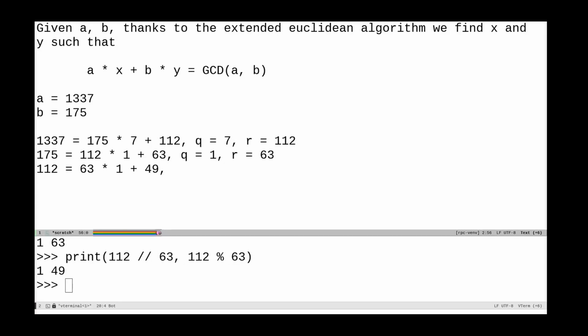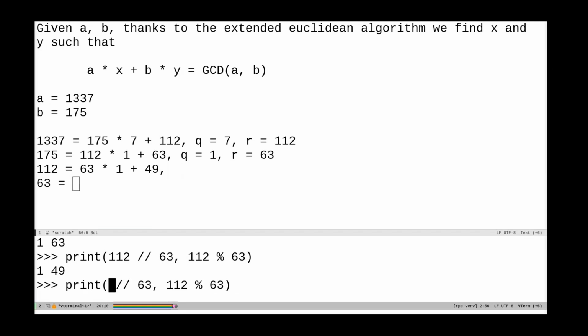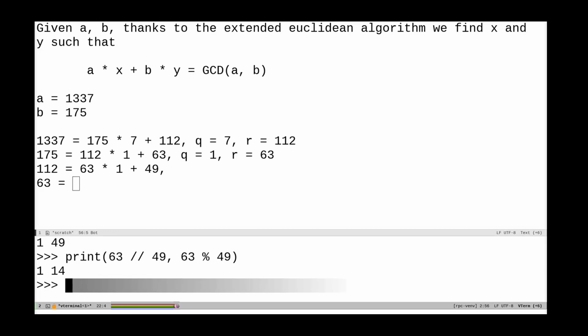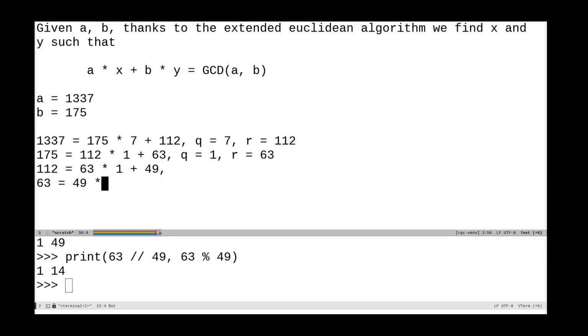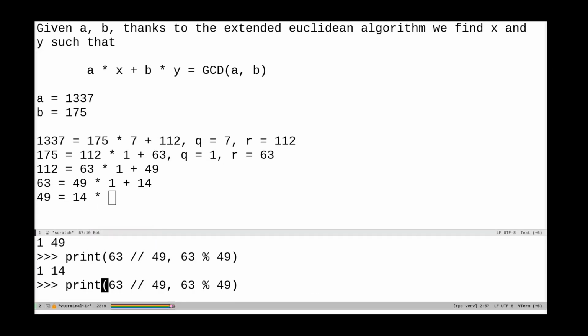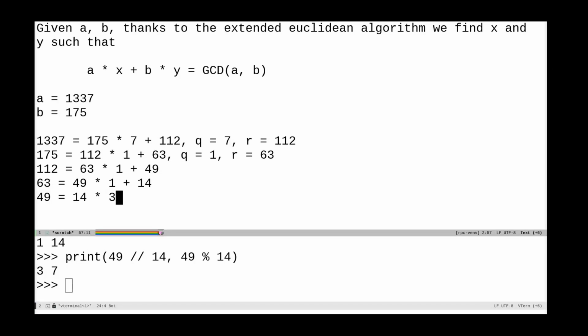Then 63 divided by 49 is 49 times 1 plus 14. Then 49 divided by 14 is 14 times 3 plus 7. Now you divide 14 by 7: 7 times 2 plus 0.